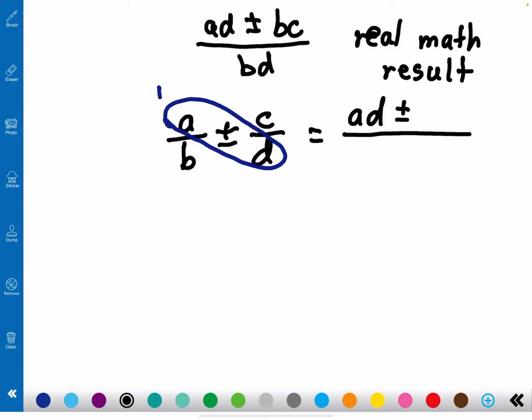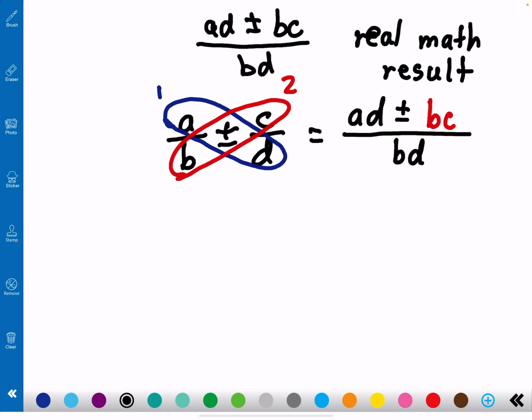Then we multiply the denominator on the left times the numerator on the right for the second multiplication. That gives us BC. Then you write that over the common denominator, BD. Now let's look at this very, very carefully, and what do we see? It is the exact same thing.